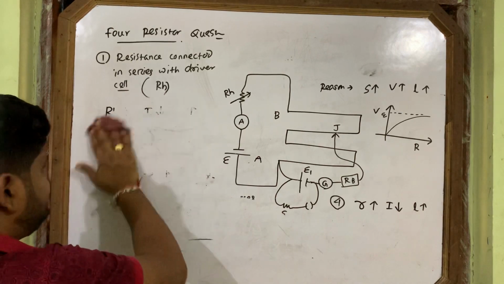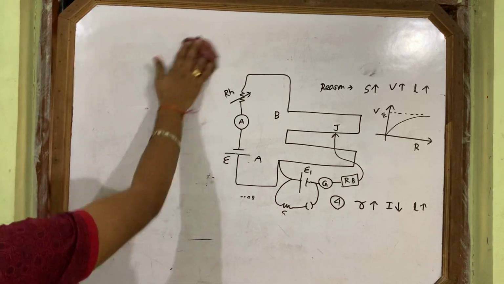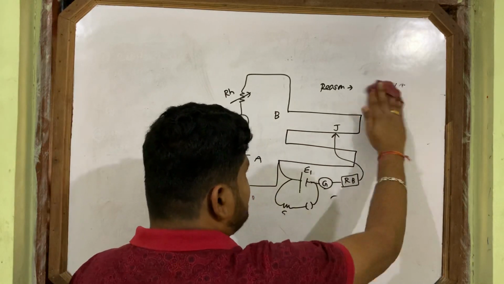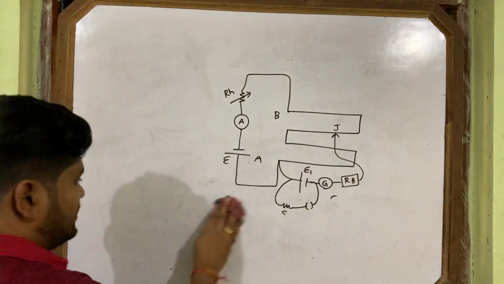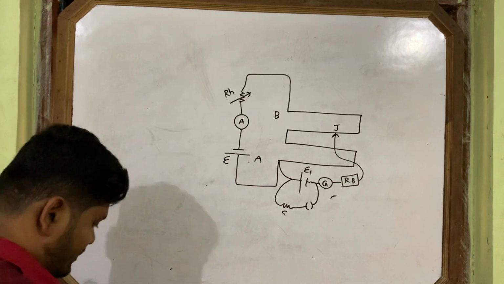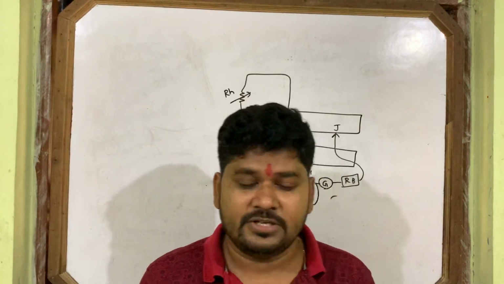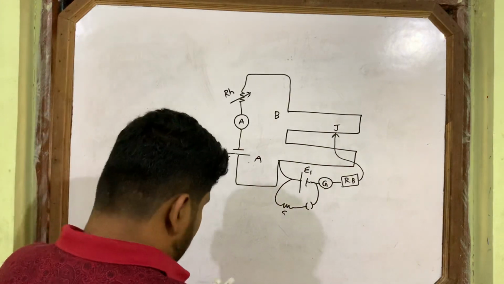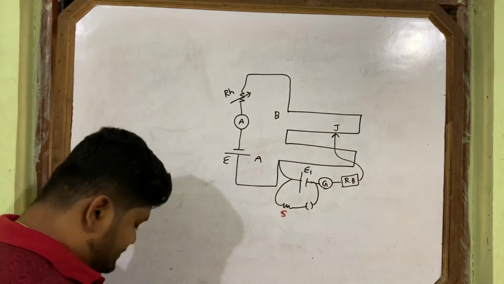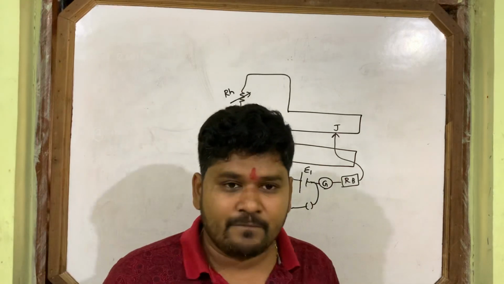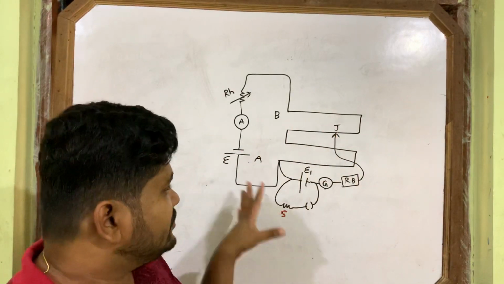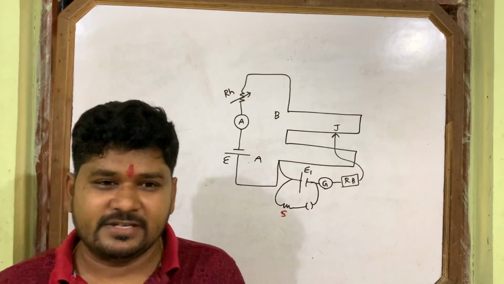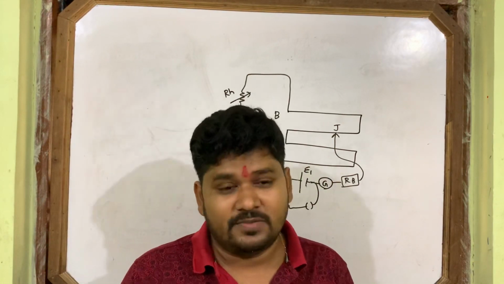Then we go to another question which is frequently asked in potentiometer. Sometimes when you do the experiment, all connections are over, the circuit is looking complicated, and you spend some time to get the null point.